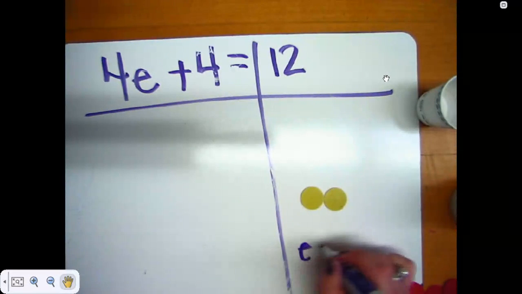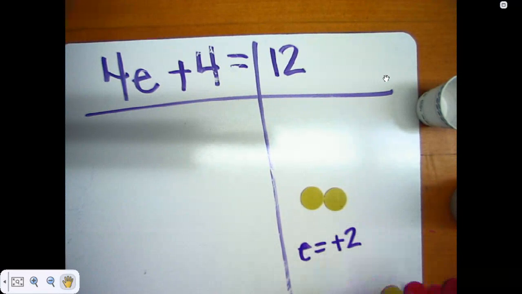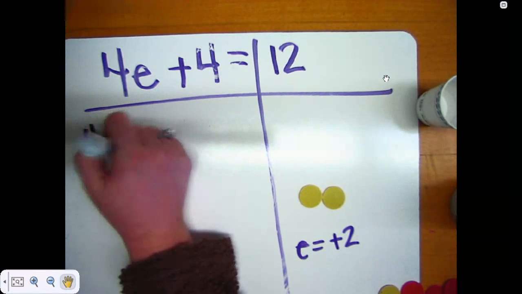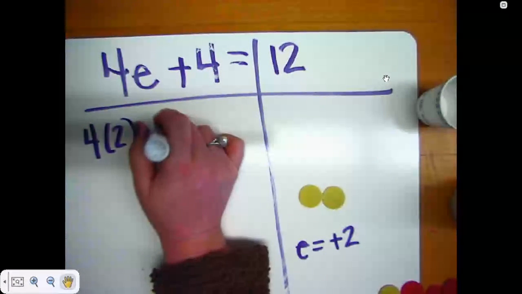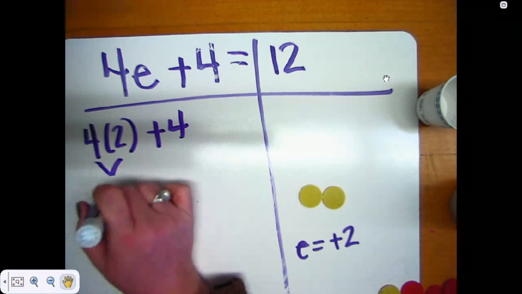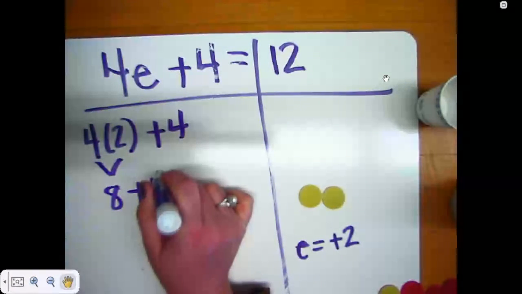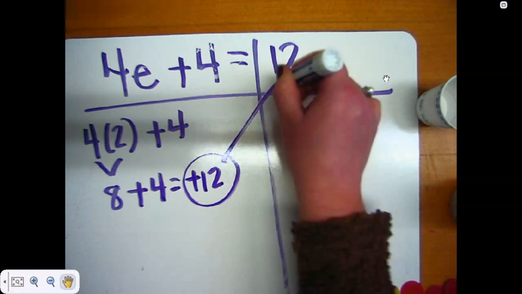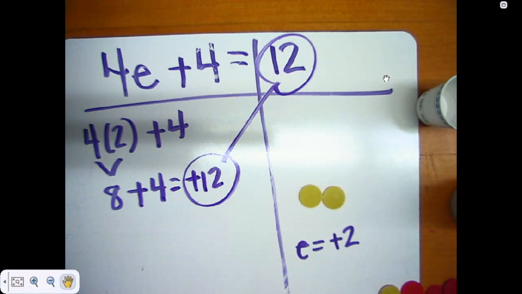So E equals positive 2. So let's plug that in. So 4 times 2 plus 4. 4 times 2 is 8, and 8 plus 4 is equal to positive 12. So I know that my answer is correct.